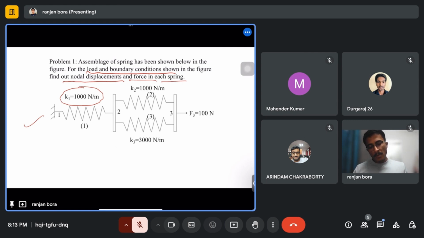So we have derived the element level equation for a spring, which was k times the matrix [1 -1; -1 1], times u1 u2, equal to f1 f2.